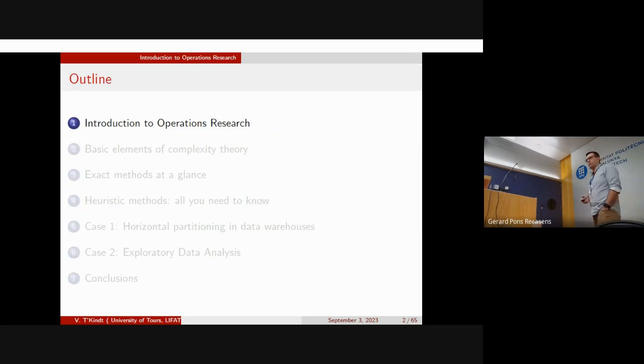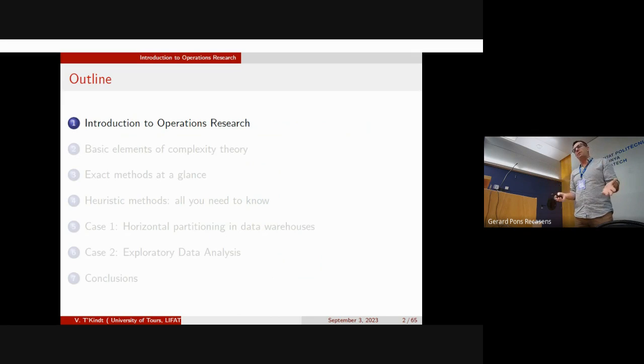So what I'll do first is that I will, for sure, introduce operations research in a very, very general way. And then we go for a first part. There's two parts in this presentation. First part goes from 1 to 4, and I will just give you the basics of operations research. The main notions, the main kind of algorithms, what we can do.